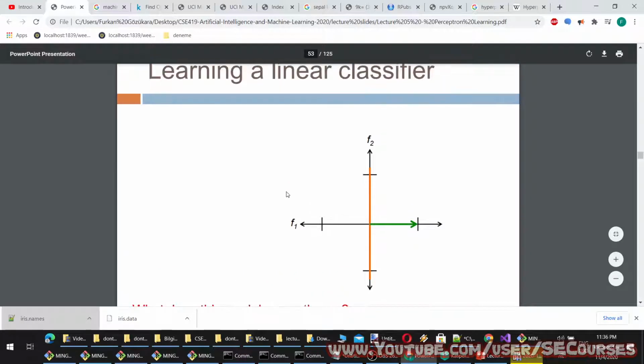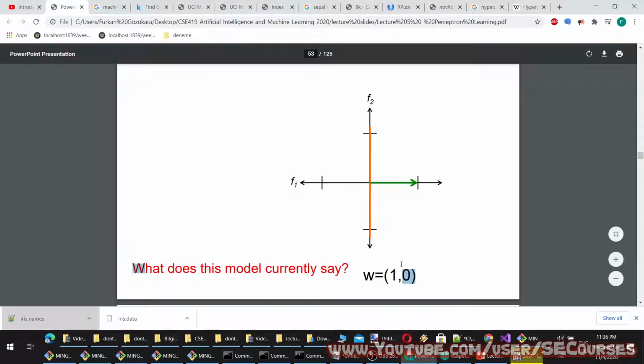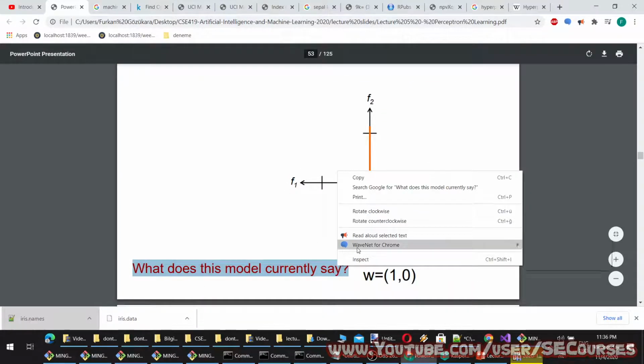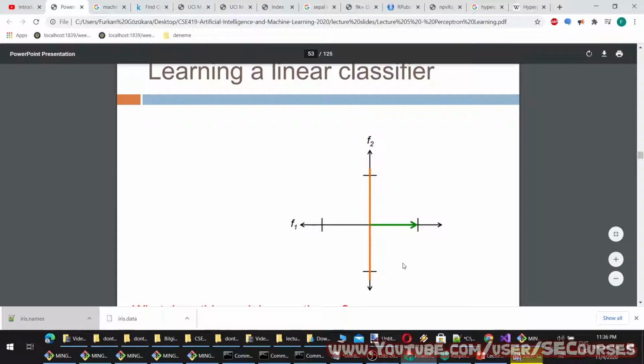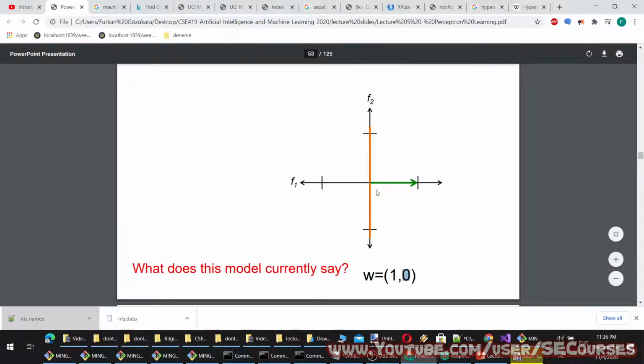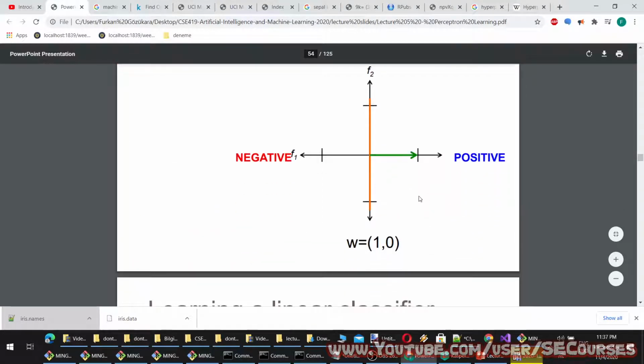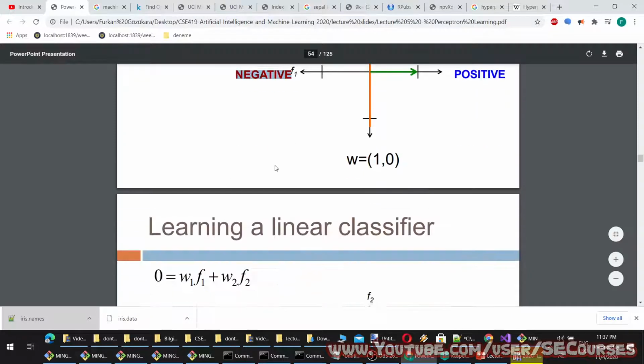So the current model, what does it say? So the W1 is 1 and W2 is 0. Okay. So this is the separability of these weights. So this side is positive and this side is negative.